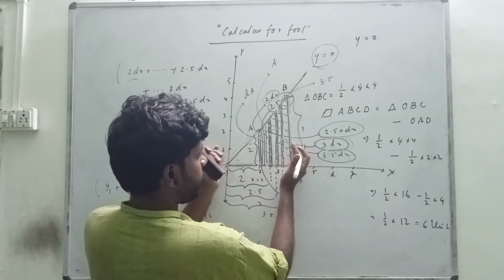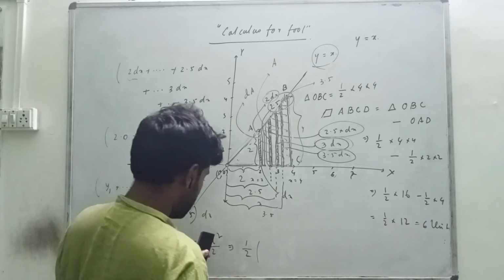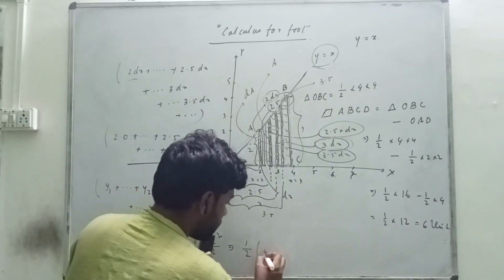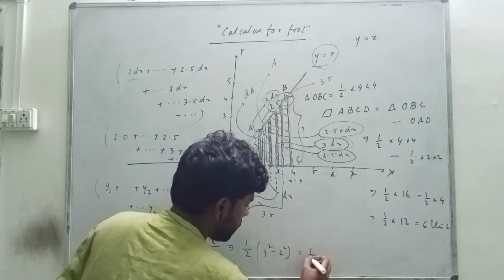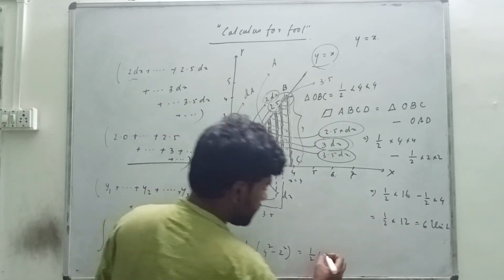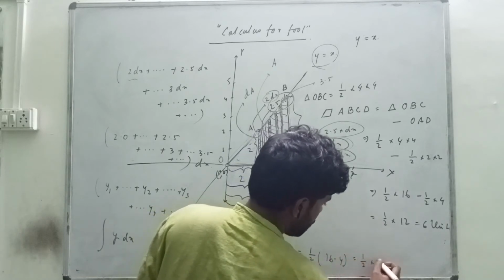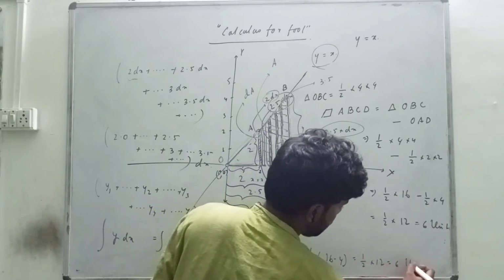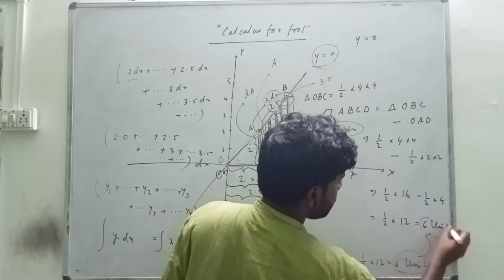Large x means 4 and the small x means 2. Just put it instead of x: 4 squared minus 2 squared. This is a half into 16 minus 4, that means half into 12, that is 6 units, right? So actually it is 6 units.